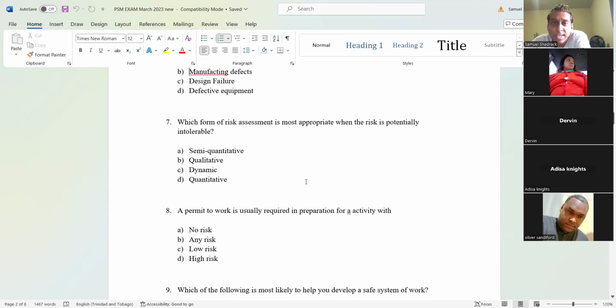Which form of risk assessment is most appropriate when the risk is potentially intolerable? What do you think is the answer for this one? We did this one last week, so we shouldn't stick too long with it.